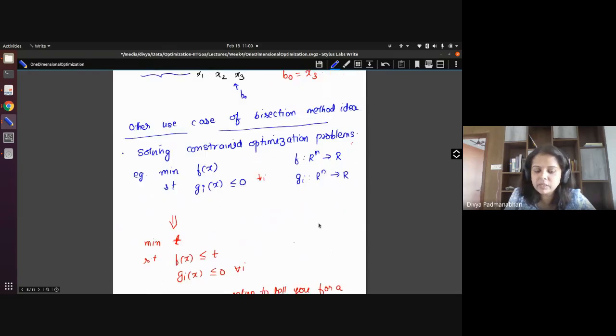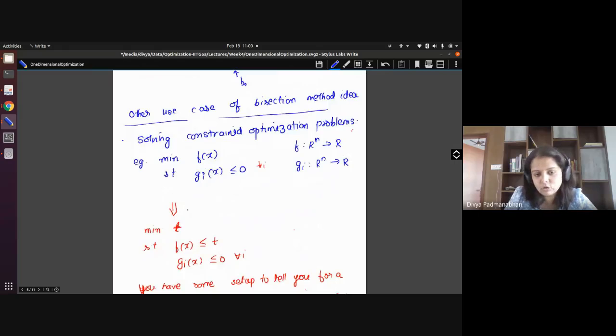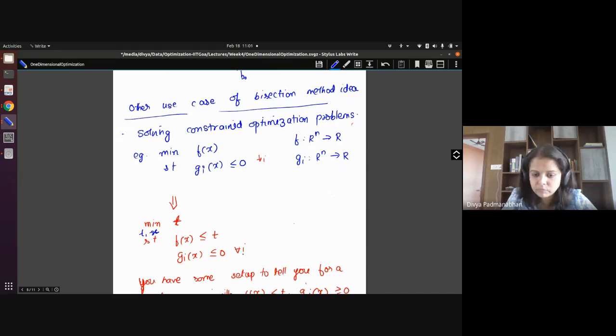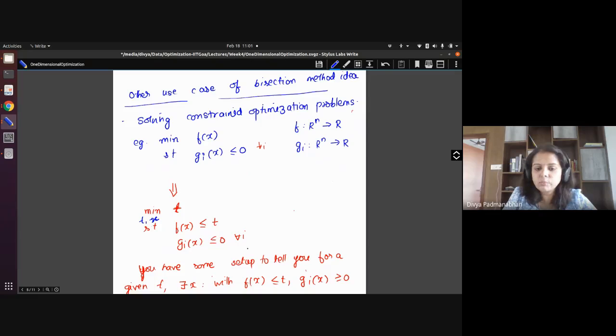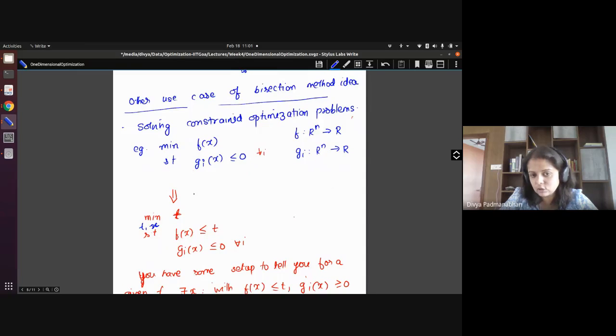This problem is equivalent to finding the minimum value of t such that t is an upper bound for f(x), and g_i(x) is less than or equal to 0. The variables are now t as well as x. You want to find a t such that f(x) is less than t and g_i(x) is less than or equal to 0 for every i. You should verify that these two are actually equivalent.